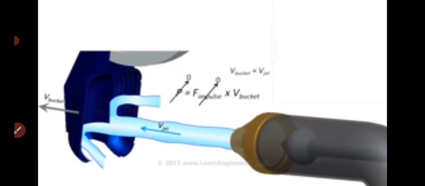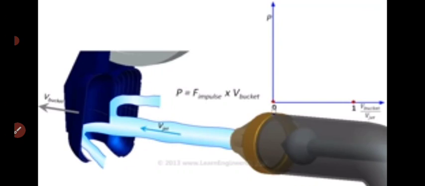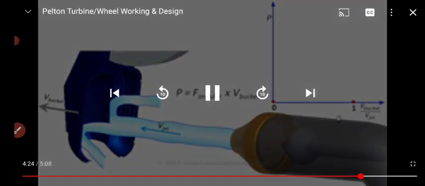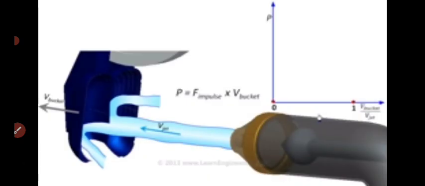Again, power extraction will be zero. In short, power extraction is zero both at zero bucket speed and when bucket speed is the same as jet speed. So, optimum power extraction happens in between.